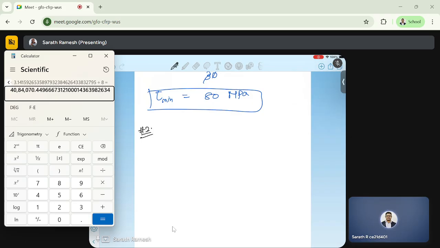Let me draw. So here there is a circle. This is a shaft, and this is again a circle, and this is another portion, another cylindrical piece, and again cylindrical.